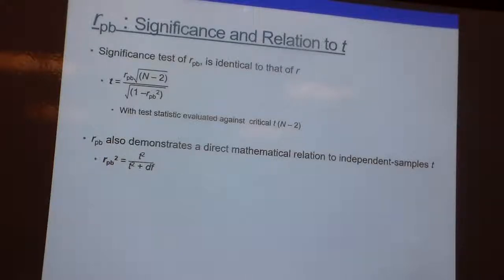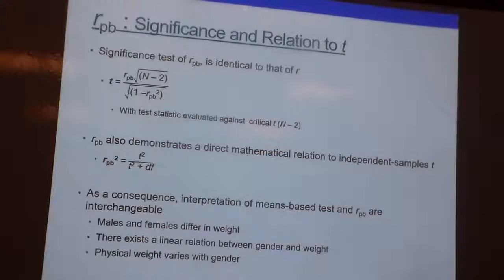I can just take my test statistic, square it, and divide it by the test statistic squared plus degrees of freedom. That gives me my squared point biserial correlation. And so we move back and forth between tests flexibly to enhance whatever interpretation, however we want to present this. Okay.